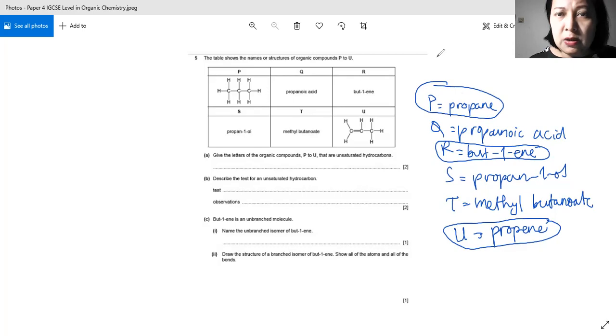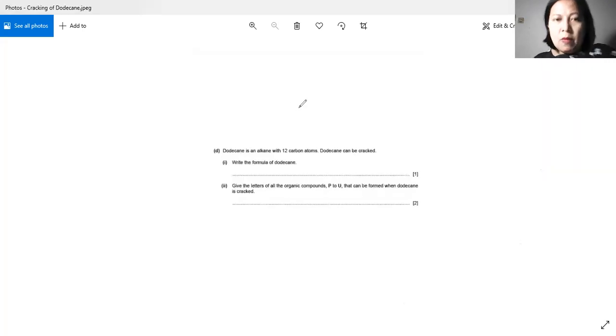Now we'll return to the previous picture, which is about the cracking of Dodecane. Let me write down again so that we will remember.